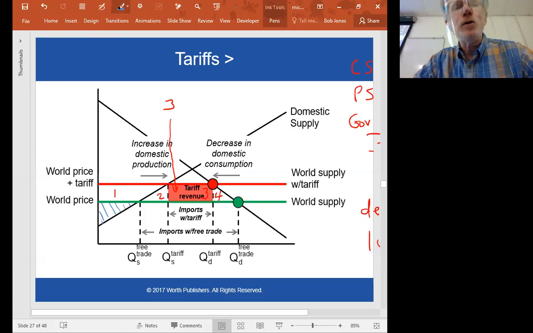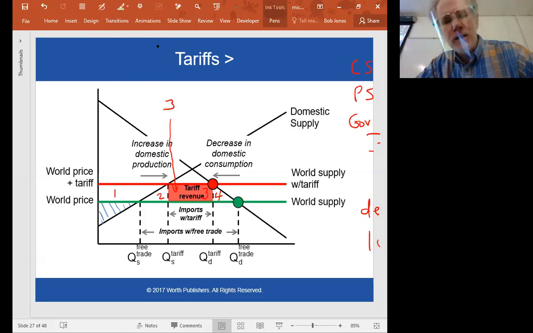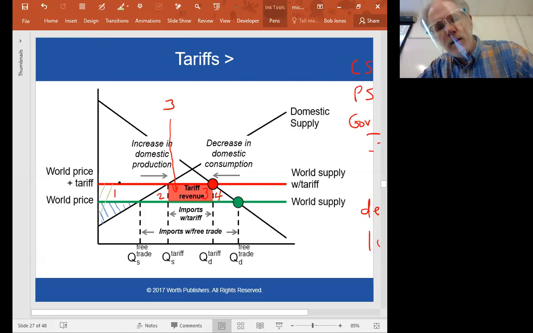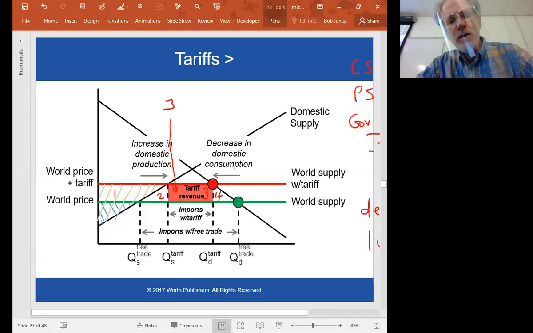So the producer surplus now is all of that green area. Okay? So before the tariff, producers were getting the blue area. Now they're getting the blue area plus the green area, which means the gain to the producers is area 1.